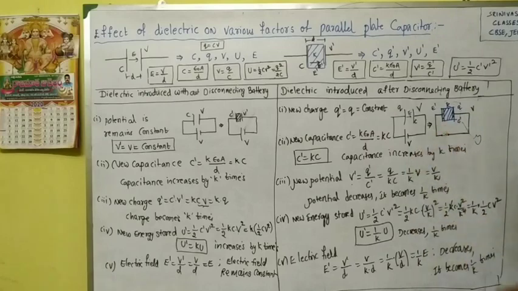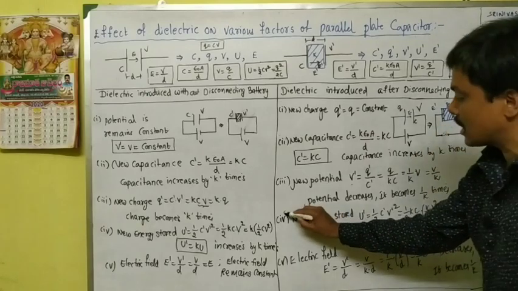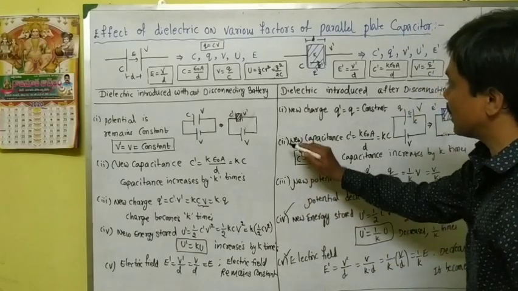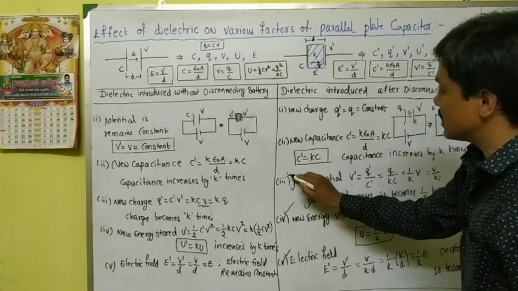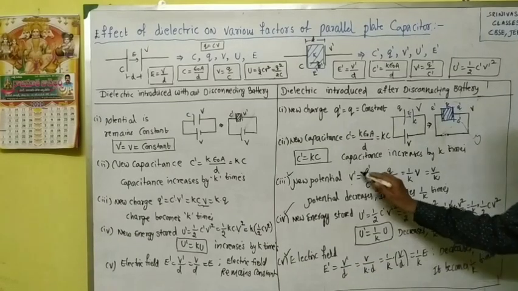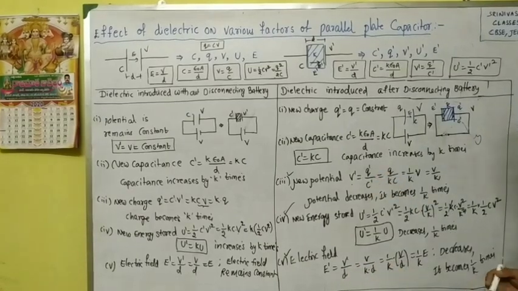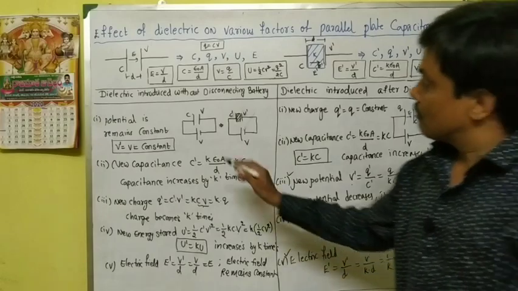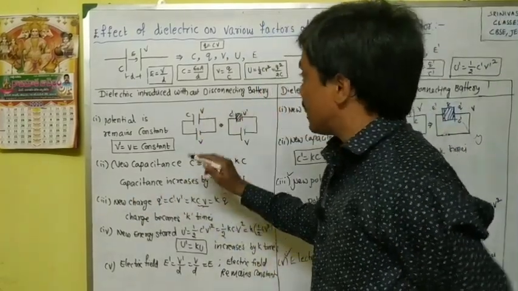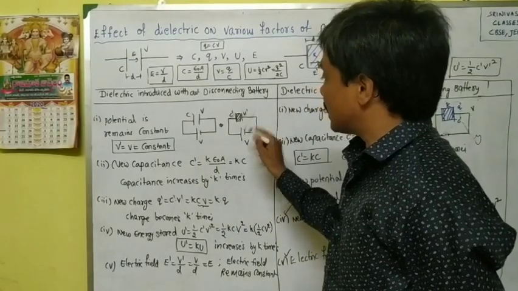Here we are removing the battery. That's why energy decreases, electric field decreases and potential also decreases. Automatically the electric field depends upon the potential, so when potential decreases, the electric field decreases. And when we introduce the dielectric slab without disconnecting the battery, the battery remains connected.